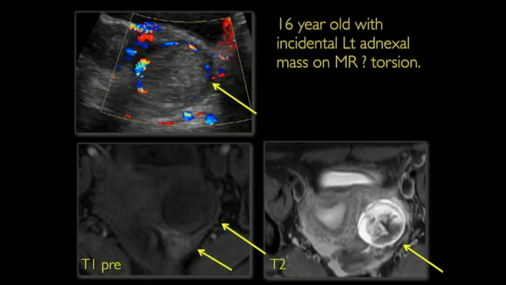And on the T1 pre, you could see nicely that the cyst is not light bulb bright as you would expect with a little bit of acute blood, but not with hyperacute blood. But you could see a little bit of bright signal within the cul-de-sac. So there's blood in the cul-de-sac. And on the T2, it has a characteristic, very heterogeneous, complex kind of appearance. And all of these findings together are very reassuring that we're dealing with a hemorrhagic cyst.